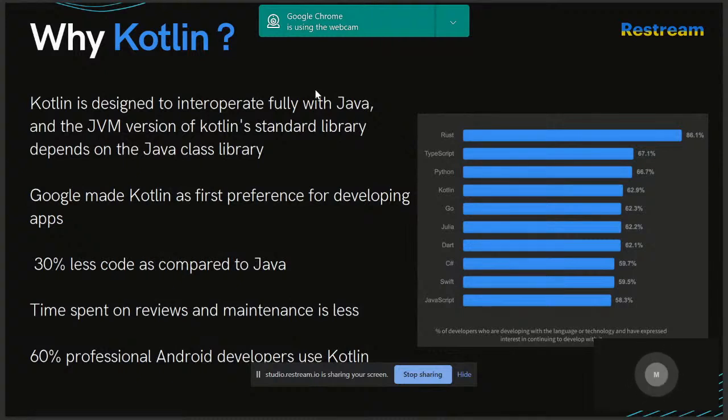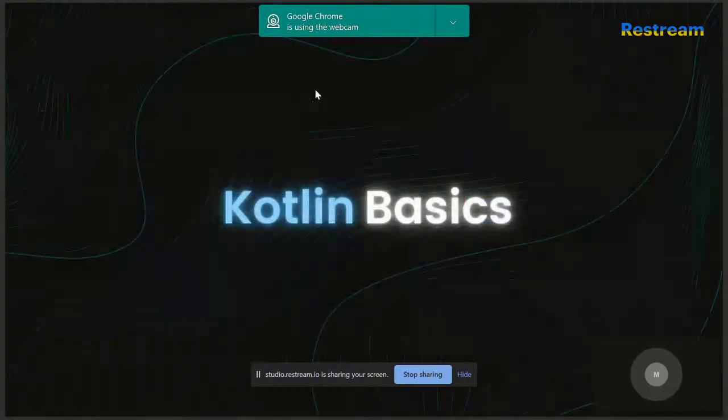So that is why we have to choose Kotlin, and that is why nearly 60 percent of people around the world choose Kotlin over other programming languages to build their own Android apps.